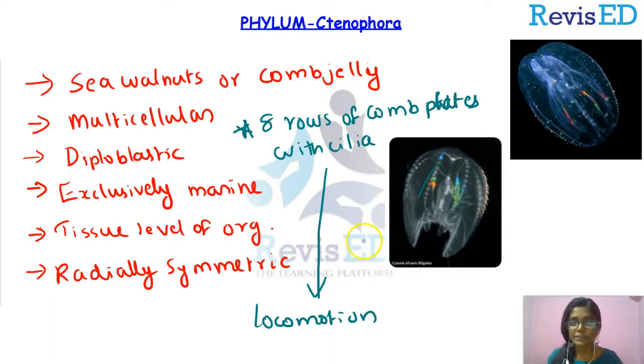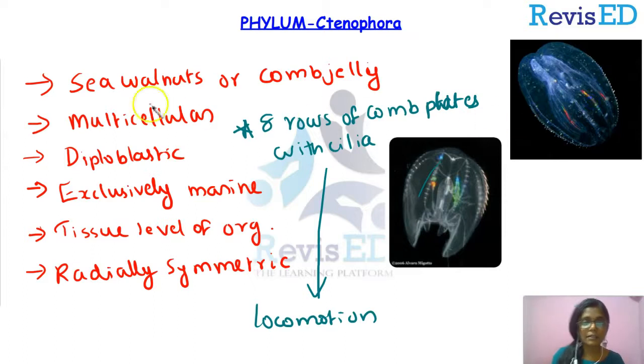This is a peculiar feature of this phylum, and never forget this point. Clear? I think the comb plates are visible to you. Can you see some projections like cilia here? And there are eight rows of combs all over the body of this organism.